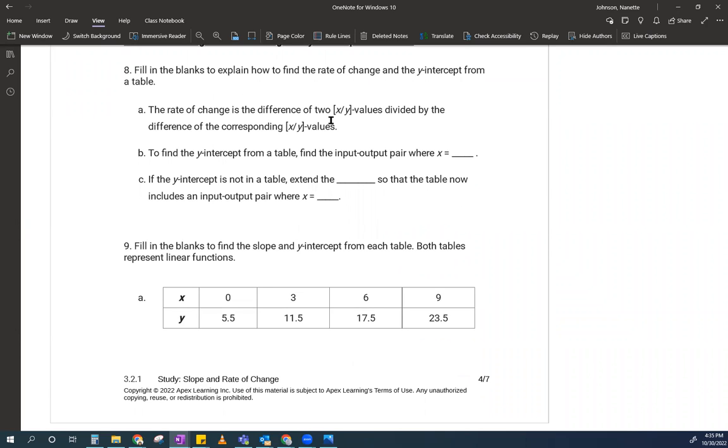Then it says to find the y-intercept from a table, find the input-output pair where x equals 0, because that's what y-intercept means. If the y-intercept is not on a table, then extend the table or the pattern so that the table now includes the input-output pair where x is equal to 0. So you're going to go backwards or forwards, whatever you need to do to get x equal to 0.